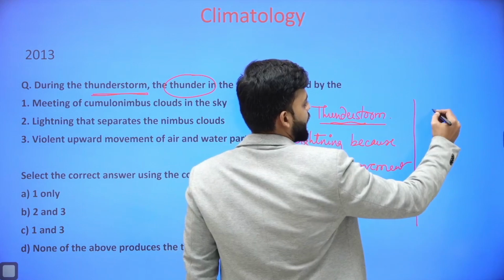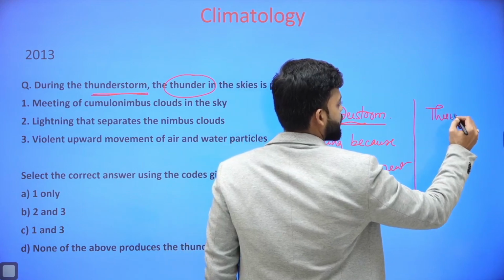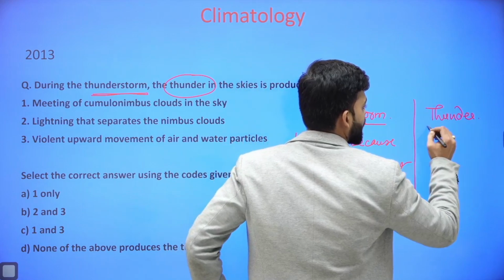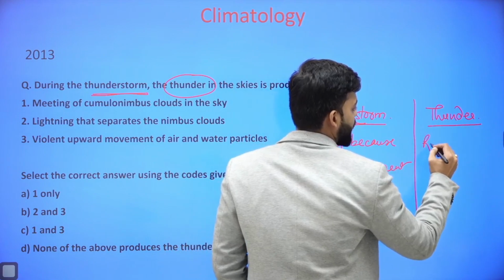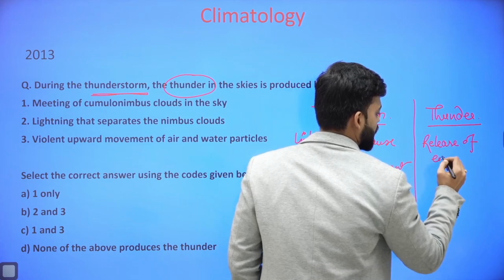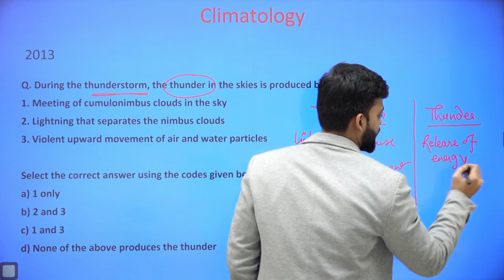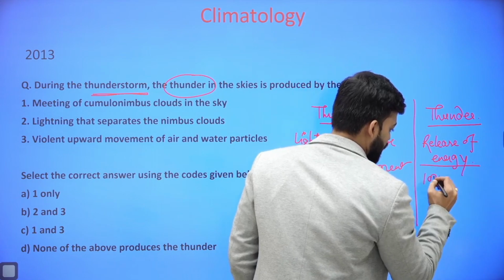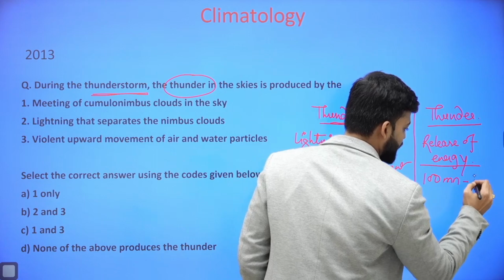Because of this lightning, there is release of energy of around 100 million to 1 billion volt.